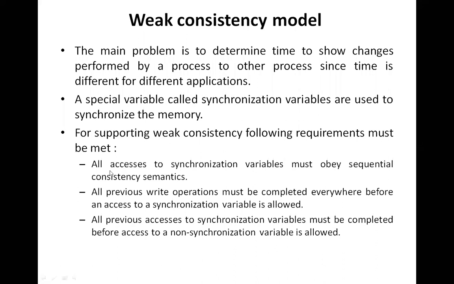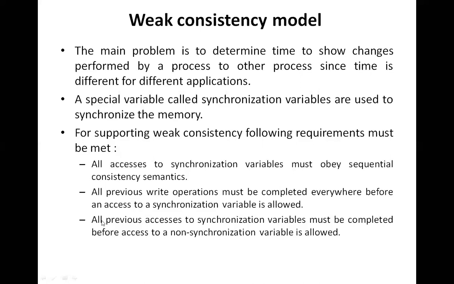The first requirement is that all accesses to the synchronization variable must obey sequential consistency semantics. All previous write operations must be completed everywhere before an access to the synchronization variable is allowed, meaning the synchronization variable is not allowed to be accessed unless all the previous write operations are complete everywhere.